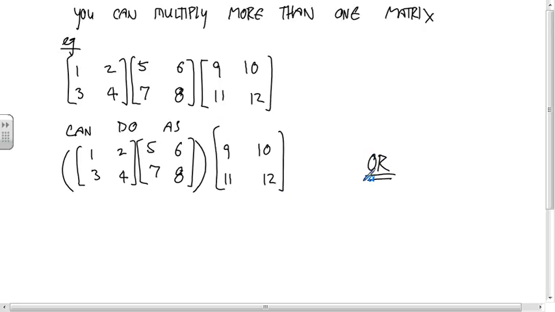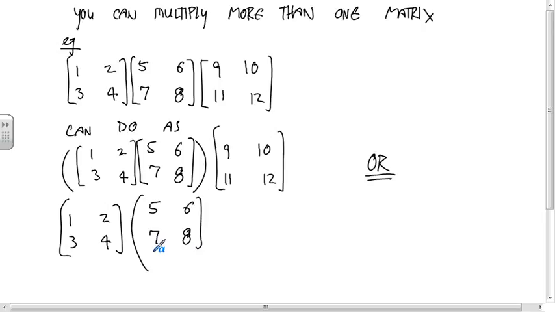Or you get the same answer if you do it as 1, 2, 3, 4 times the result of 5, 6, 7, 8 times 9, 10, 11, 12.